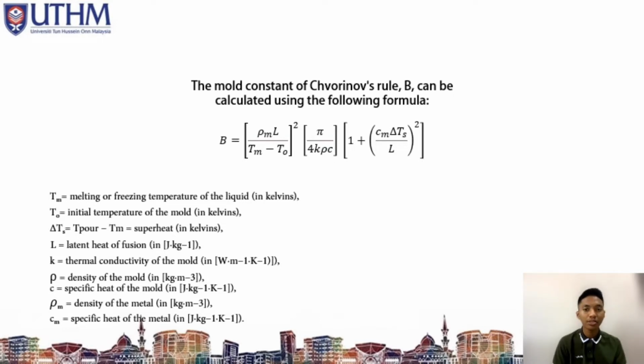Tm is equal to the melting or freezing temperature of the liquid in kelvins, T0 is equal to the initial temperature of the mold in kelvins, delta Ts is equal to Tp minus Tm, which is the superheat in kelvins, L is equal to the latent heat of fusion, K is equal to the thermal conductivity of the mold, rho is equal to the density of the mold, C is equal to the specific heat of the mold, rho m is equal to the density of the metal, and Cm is equal to the specific heat of the metal.